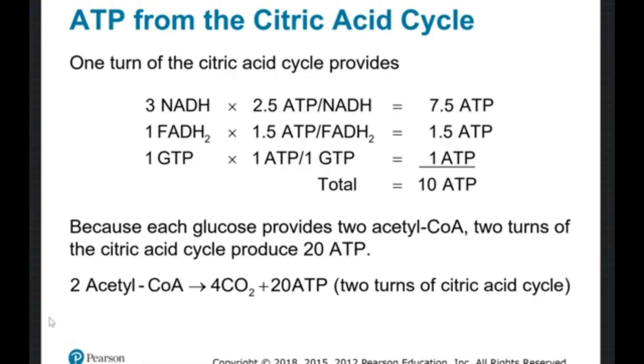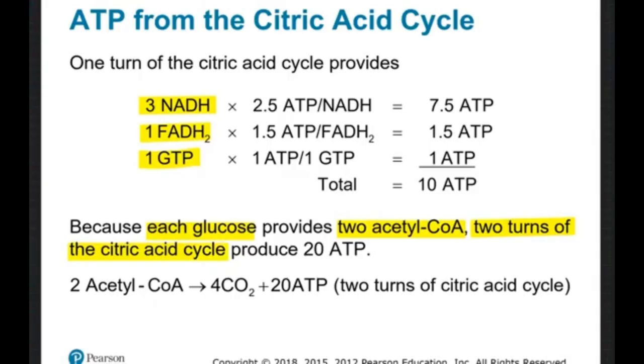Now, citric acid cycle gives you 3 NADH, 1 FADH2, and 1 GTP, which is kind of ATP, per turn. But each molecule of glucose generates 2 acetyl-CoA, which means there are going to be 2 turns of the citric acid cycle.